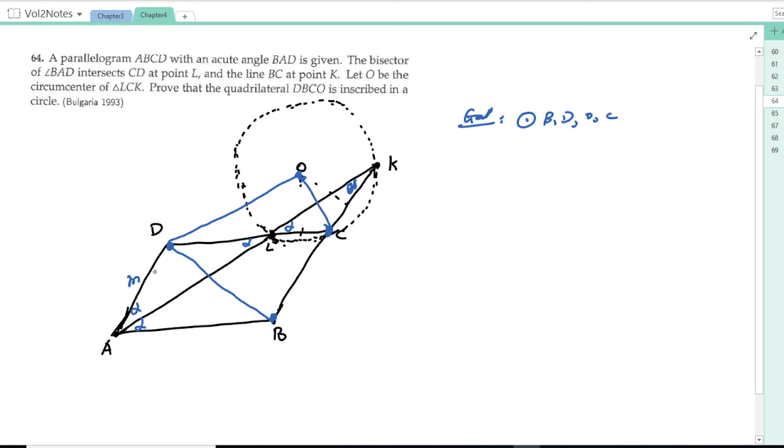So this is M, this is M. Then this is N minus M. Let's use P. Okay, P minus M. This is P, this is M, and this is P minus M. So these are all the sides.